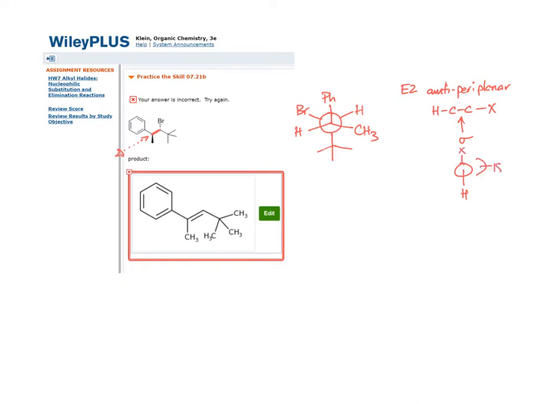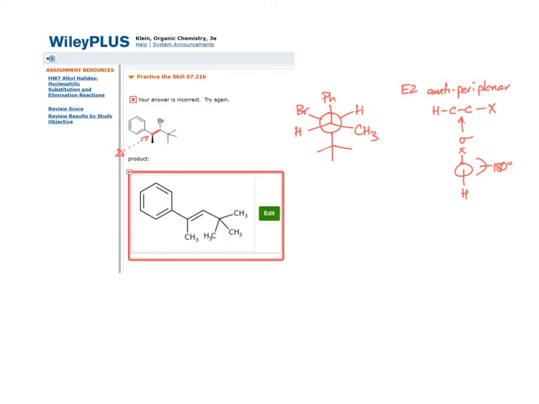That's 180 degrees. This is where the Newman projection comes in handy, because you have to achieve that anti-periplanar orientation, and then when you do, it's going to tell you the geometry about the alkene product.